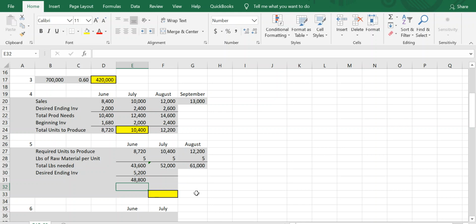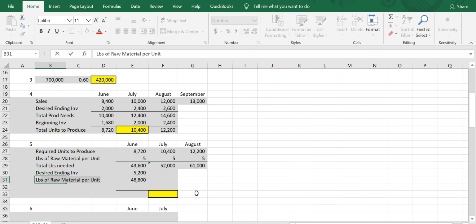We have 48,800 pounds. We need to take out, though, this is the pounds of raw material needed. Then we're going to deduct less the beginning inventory.